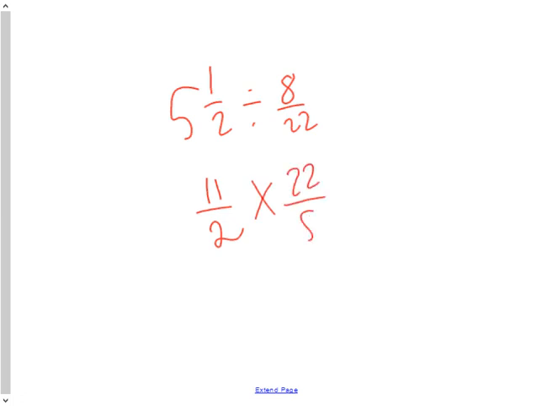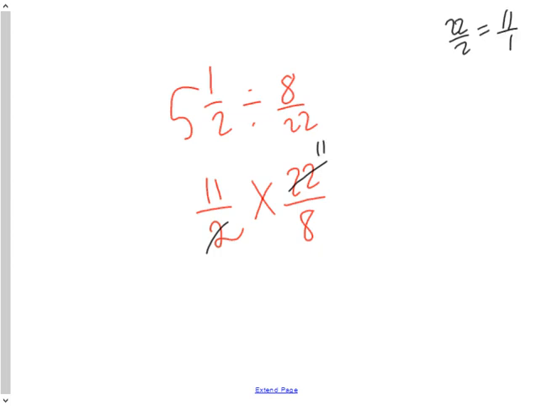Question 12 is 5½ divided by 8/22. Never use mixed fractions, just change it to improper. Change it to multiplication and use the reciprocal. Now this would be a great time to cross reduce, because if you didn't, you'd end up with a number that was very unmanageable. So 22 over 2 would reduce to 11 over 1.